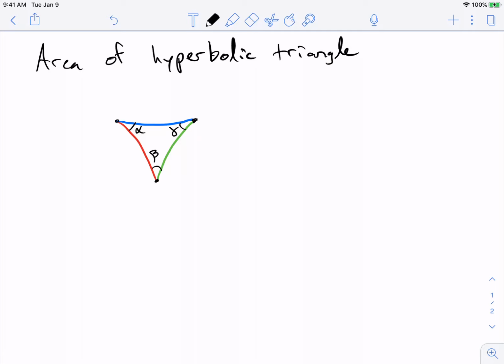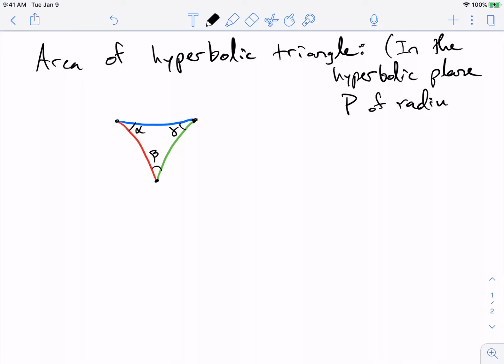The hint I gave you for how to solve the formula for the area in terms of the angles was to use the following fact. Let's say we're in the hyperbolic plane, call it P, and let's say it has a radius rho.